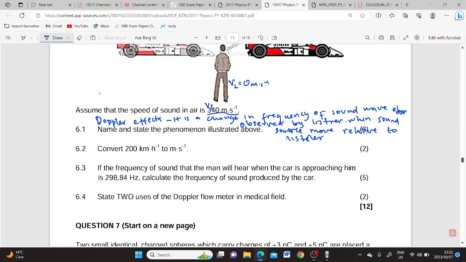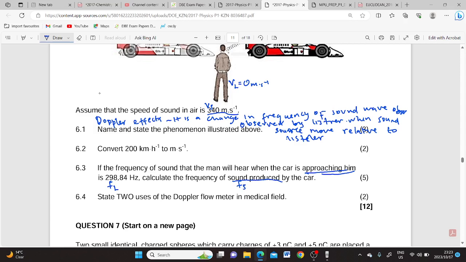Now they say if the frequency of the sound that the man will hear when the car is approaching him is 298,84 Hz, calculate the frequency of the sound produced by the car. Can you see that we need the frequency of the source?